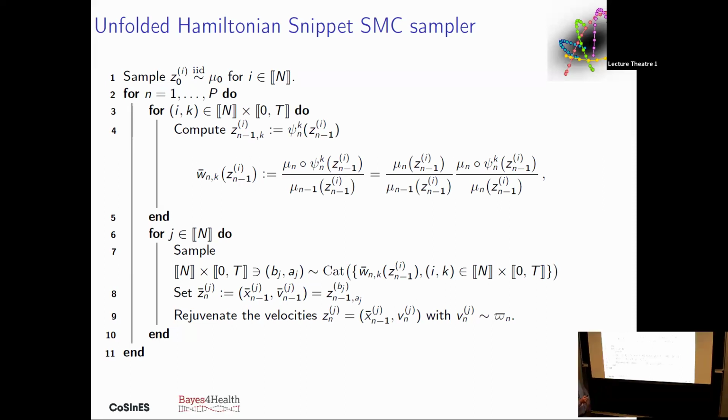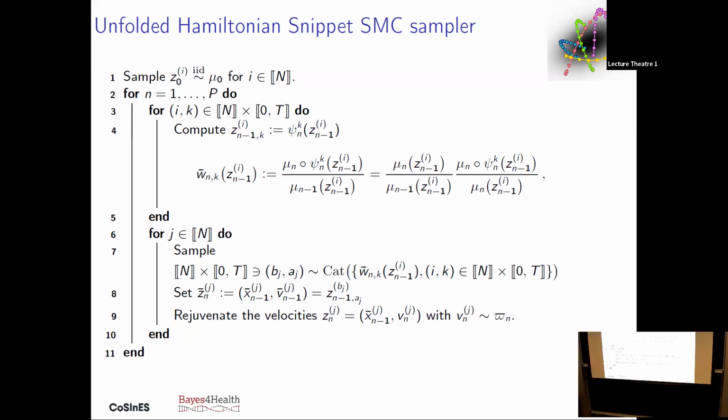We compute all the snippets for all the particles, and for each point, particle I at time K, you compute this importance weight, which looks like this. And here there's a nice interpretation: this is the acceptance ratio of an HMC algorithm, and this takes into account the fact that you're using SMC, going from mu(n)-1 to mu(n).